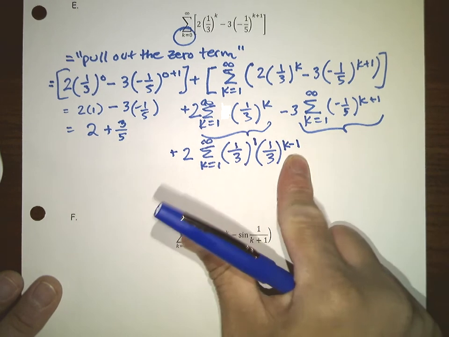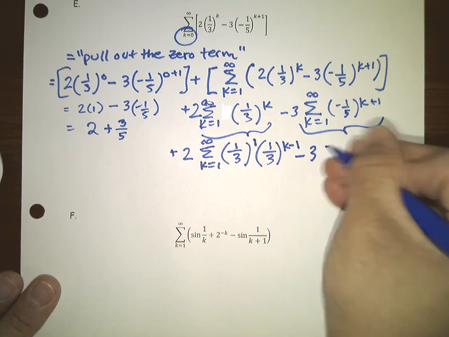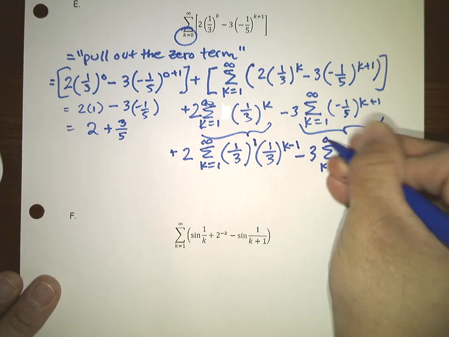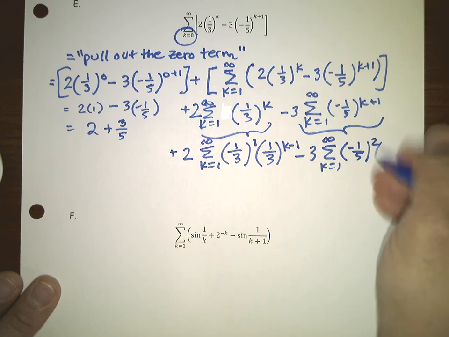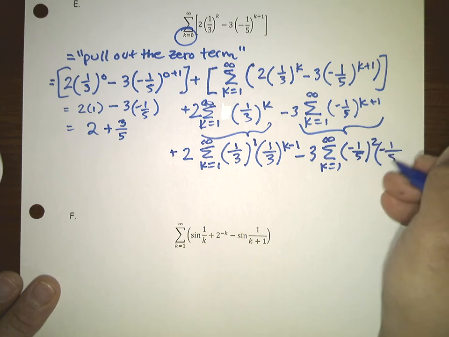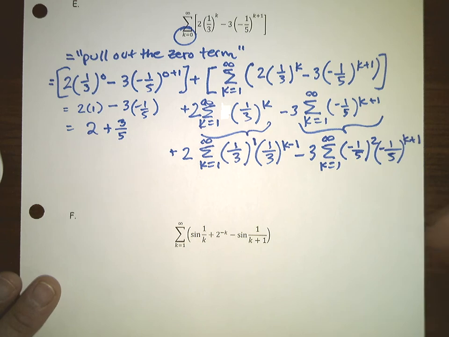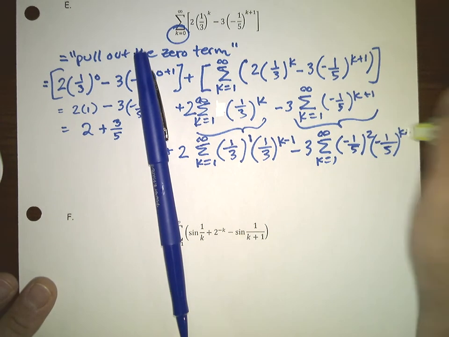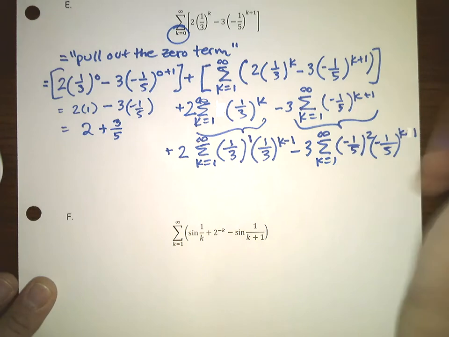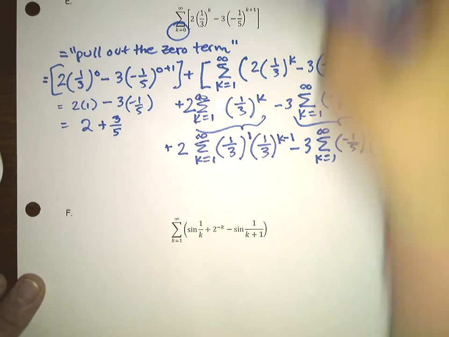So 1 plus k minus 1 still gives me the k power. Minus 3 sum k equals 1 to infinity of negative 1/5 to the second power times negative 1/5 to the k minus 1 power. There we go.